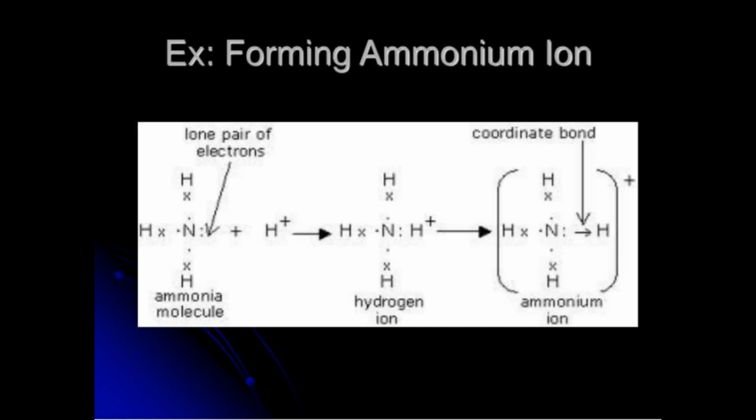Now let's look at how it is being formed here. Formation of ammonium ion. Now you have a lone pair of electrons on the nitrogen of the ammonia molecule combined with H plus.